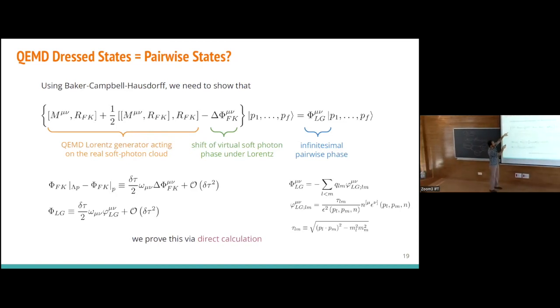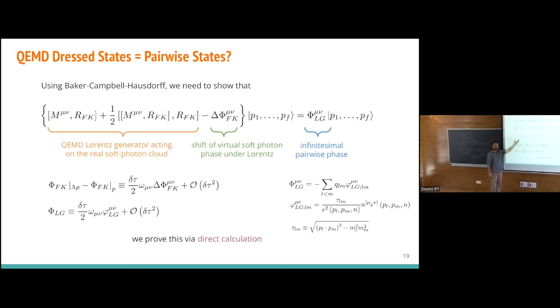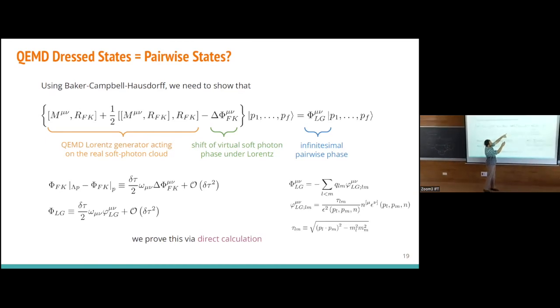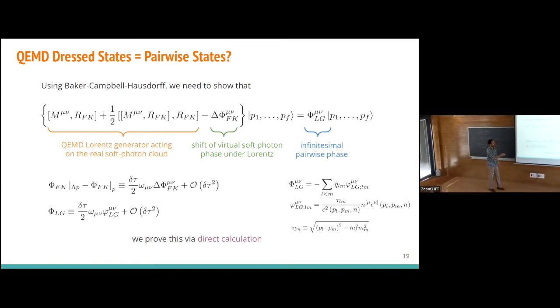It's generated by how Lorentz transformations act on the real soft photons, or more specifically on the retarded electromagnetic field sourced by the monopoles and the charges, plus the shift of this extra virtual soft photon. These are the photons that are exchanged between lines of monopoles and charges. And we just prove this by explicit computation. Any questions?